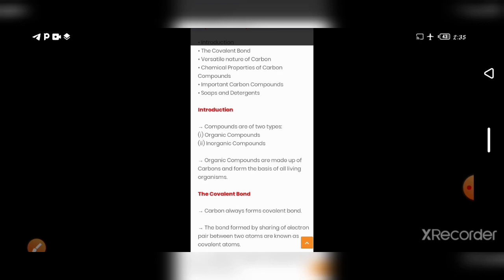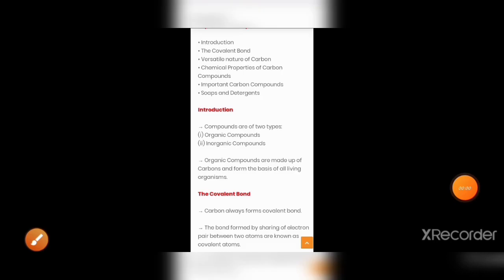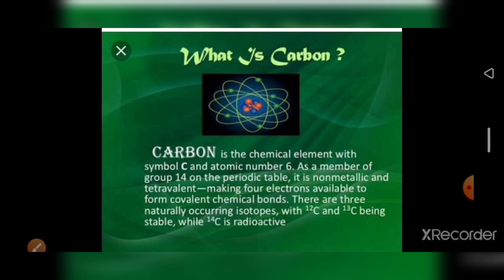Where is it present? It is present in the periodic table in the second period and the 14th group, that is, the fourth A group.